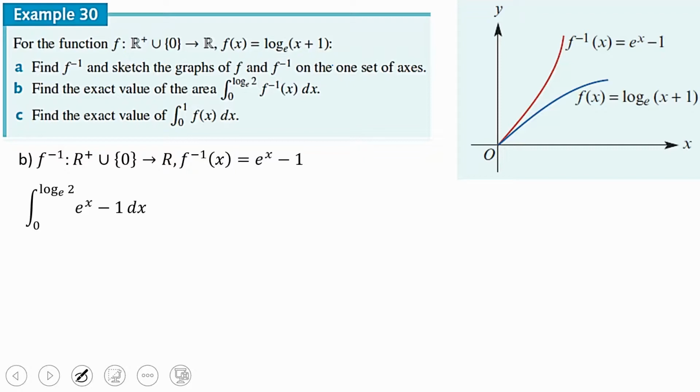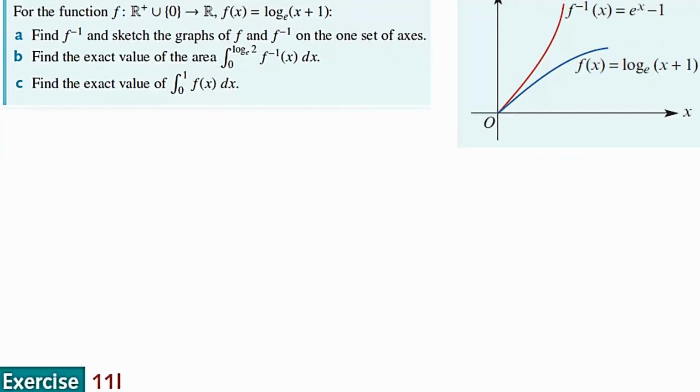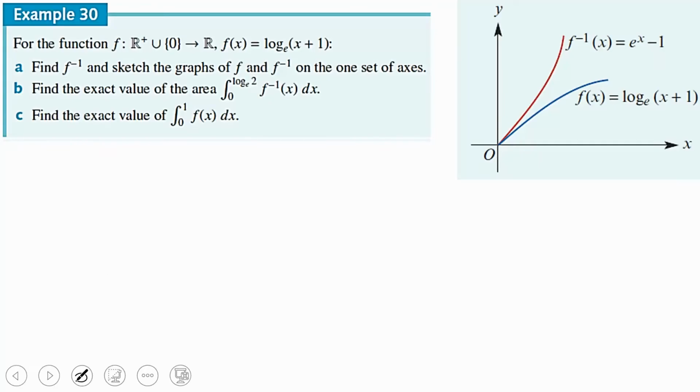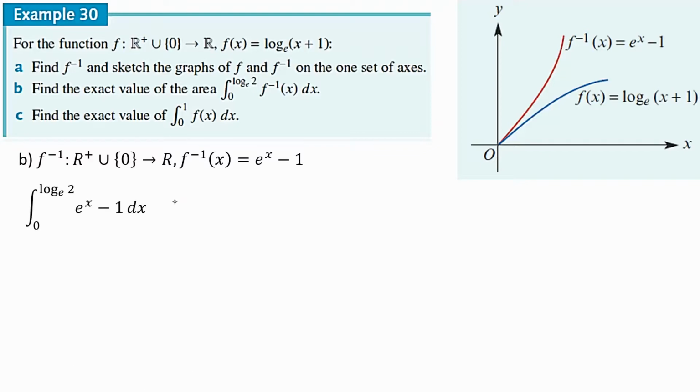We know the antiderivative of e to the x, which is e to the x. Antiderivative of 1 is x. Okay, so we know how to antiderive that. That was pretty straightforward. We evaluate between 0 and log e of 2 of e to the x minus x. And now you can do definite integrals, sub in log e of 2, and then sub in 0, and you can solve. So that's easy to do.